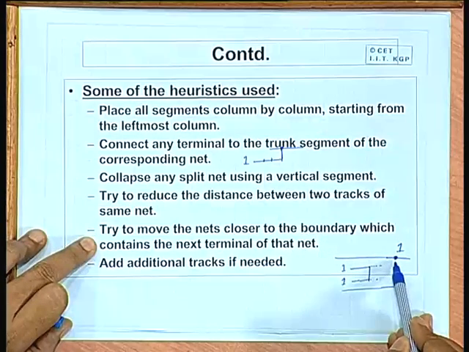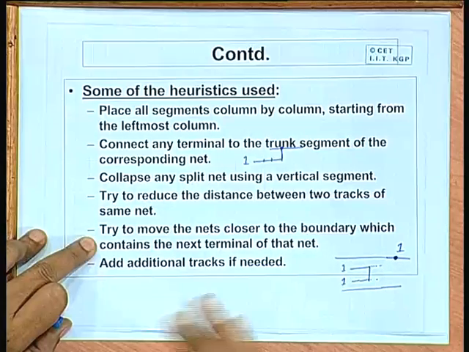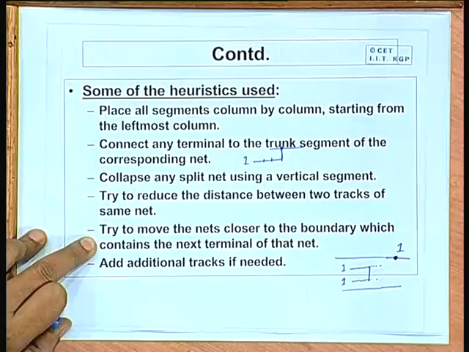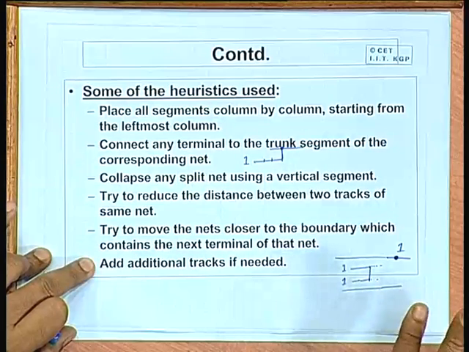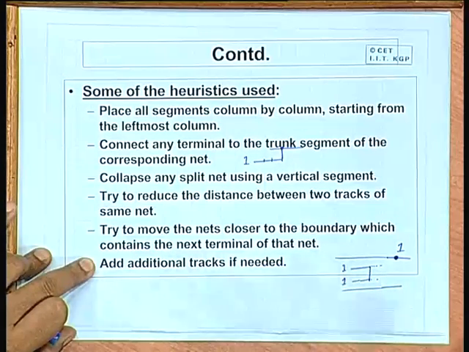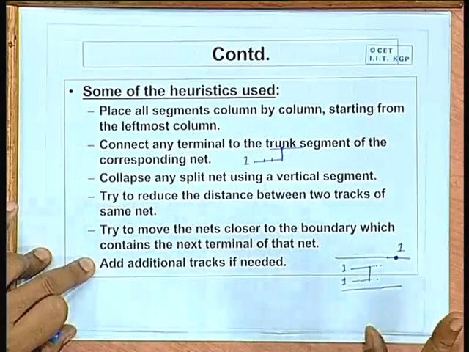Since your next terminal is on the top boundary, you try to follow a track which is towards the top as far as possible. These are the heuristics you follow. And sometimes, you normally start with a given number of tracks, but sometimes you may need additional tracks. You may add additional tracks if necessary.